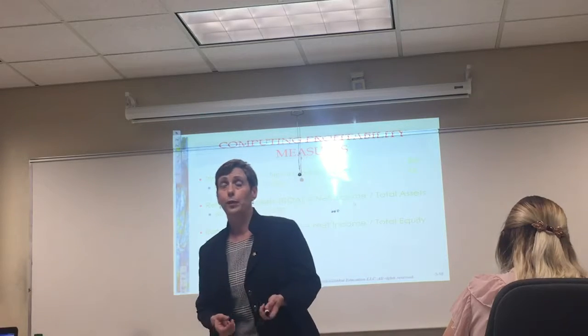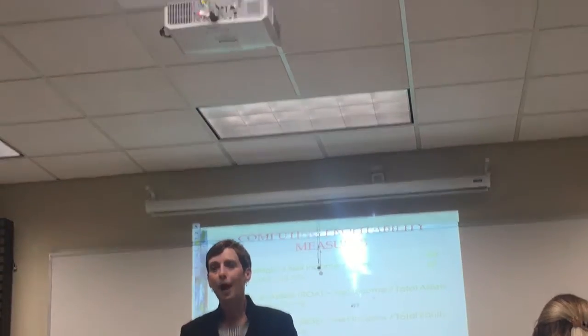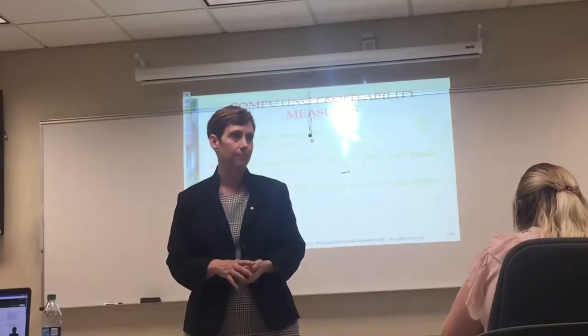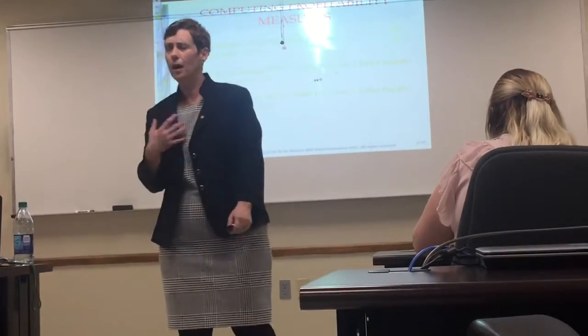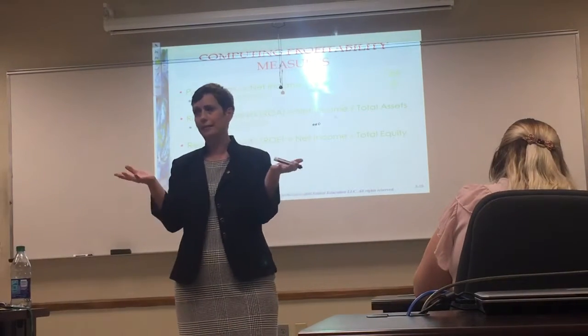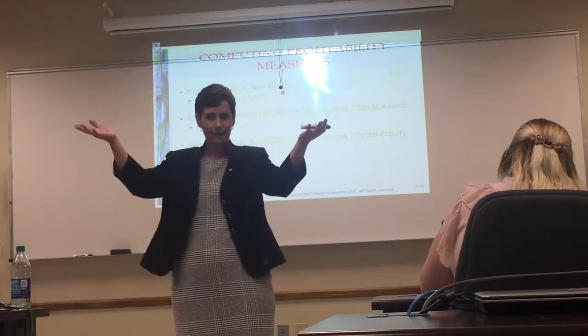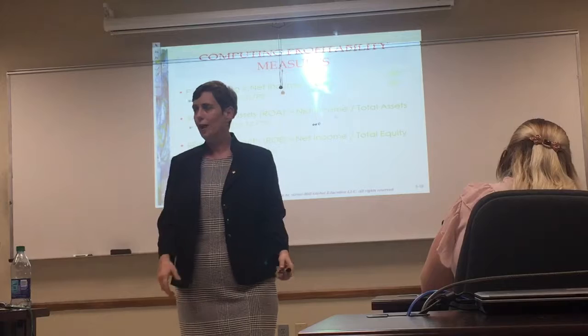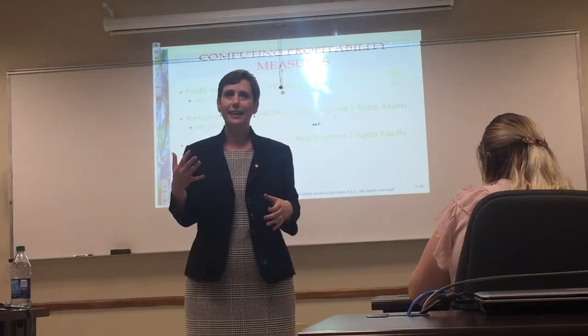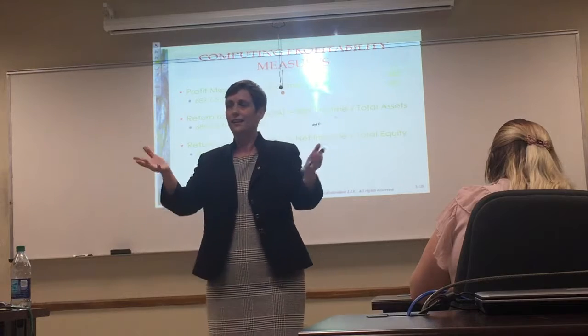I also want to make this point, which is not necessarily intuitive. Profit margin is a measure of cost control, all right? A lot of people think, oh, no, it's not. It's both cost control and revenue maximization at the same time. Because isn't profit revenues minus costs? So on the surface, it would seem like net income is telling you about both sides of this.